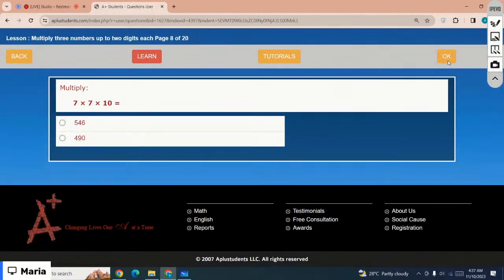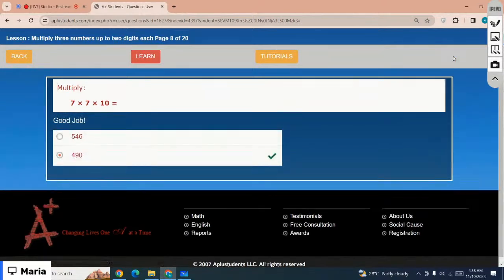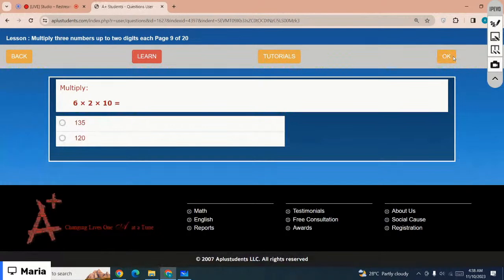Okay, the next one is multiply 7 times 7 times 10. So which is the correct option? Yes, the correct option is, 7 times 7 is 49. So that would be 490. Okay, the next one is 6 times 2 times 10.